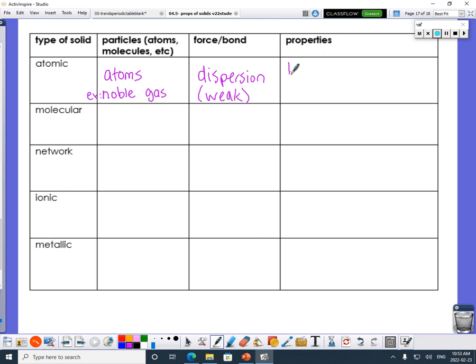I hope that's okay. And they are not hard, or you can call them soft. I forget what the note says.